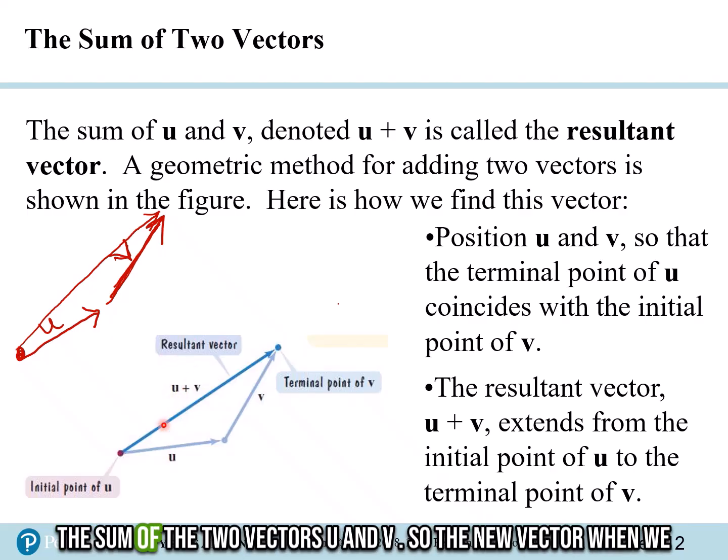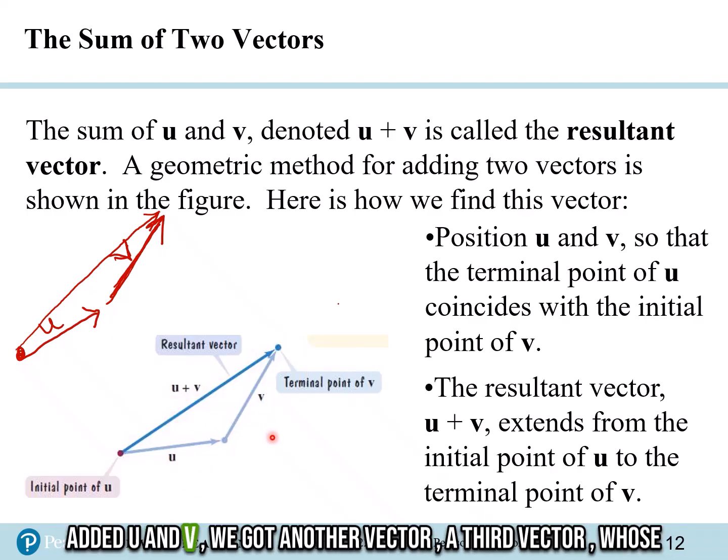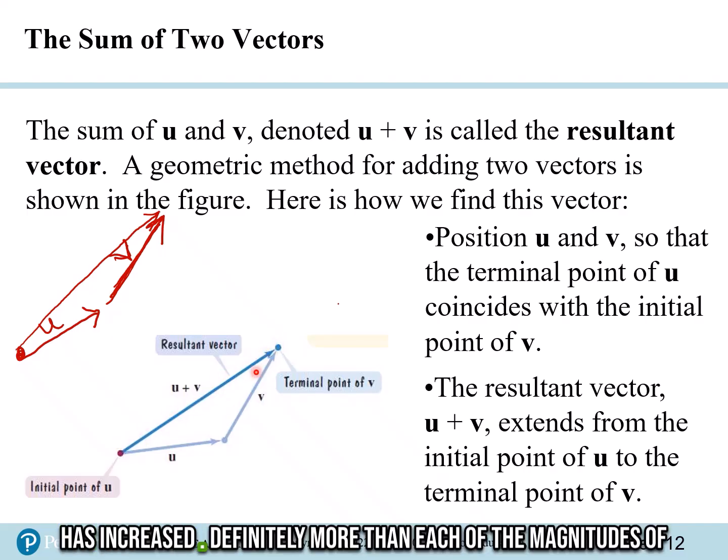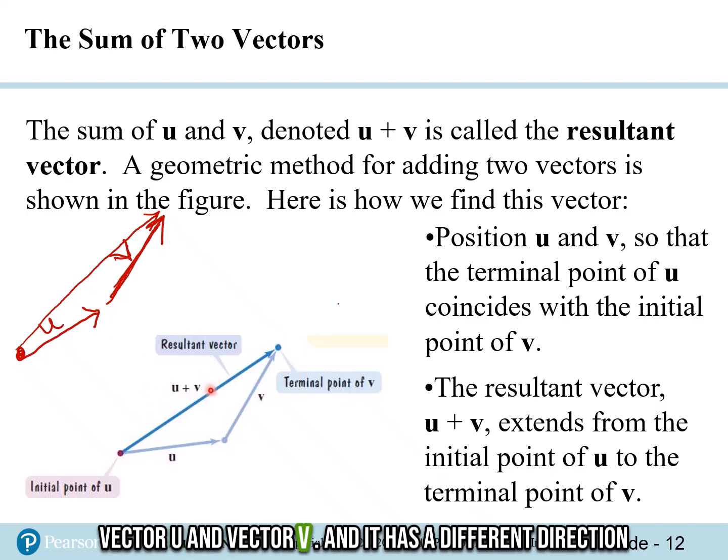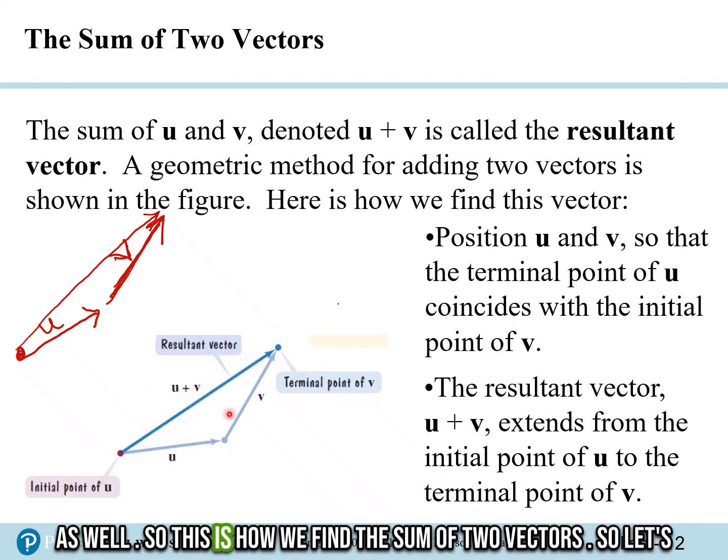That is the sum of the two vectors u and v. So the new vector, when we added u and v, we got another vector, a third vector, whose magnitude has increased, definitely more than each of the magnitudes of vector u and vector v, and it has a different direction as well. So this is how we find the sum of two vectors.